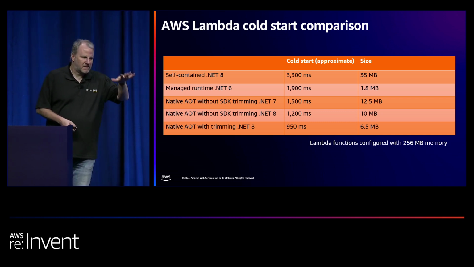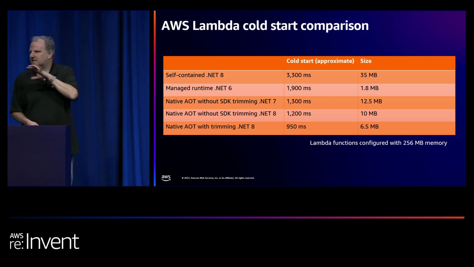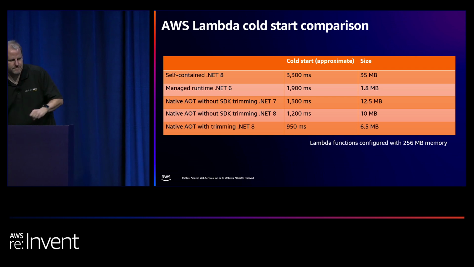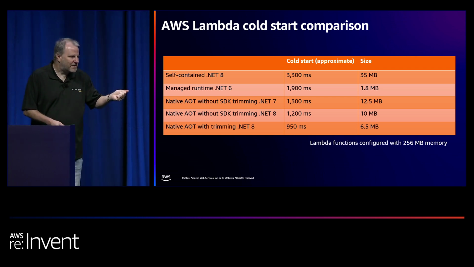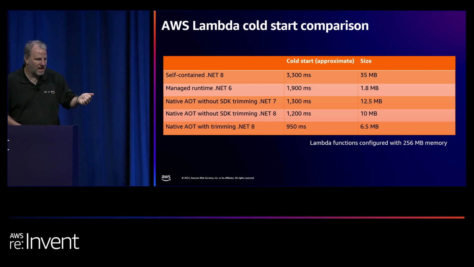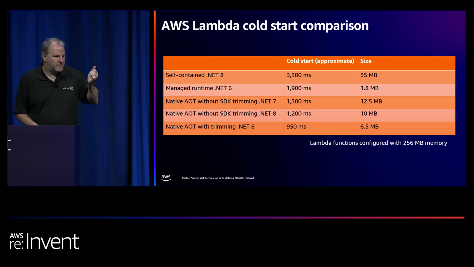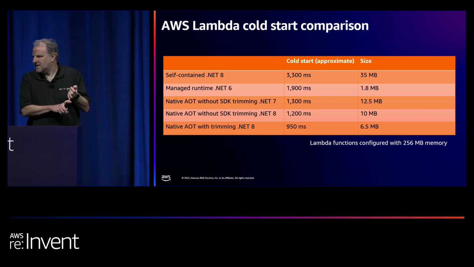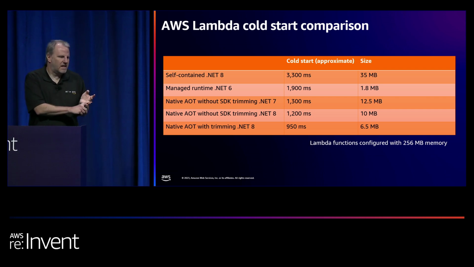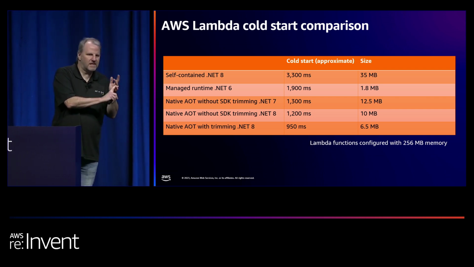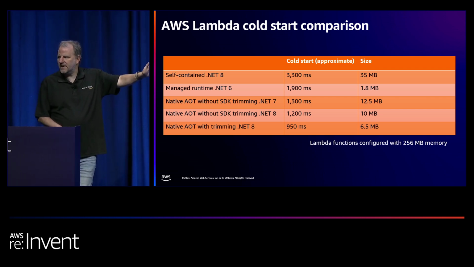So what gets really interesting is when we switch over to AOT. Without the SDK being trimmed, if you're using the one that came out earlier this month, you can see with .NET 7, it was at about 1,300 milliseconds. And then for .NET 8, it went down to 1,200 milliseconds. This is all, full props to the Microsoft team.